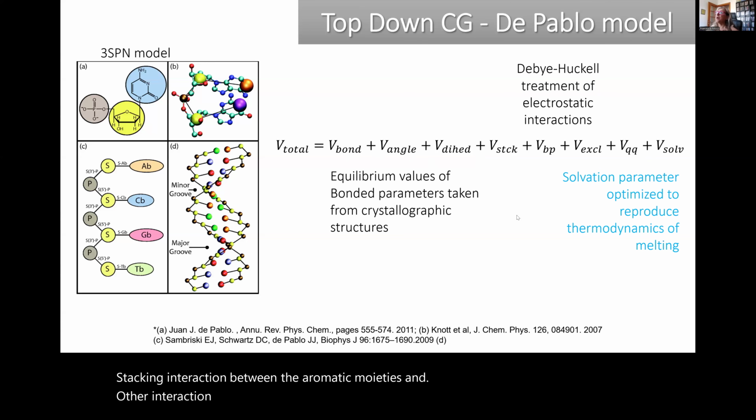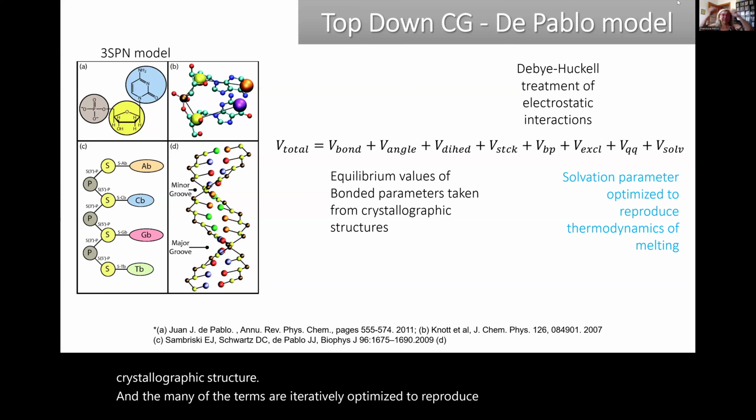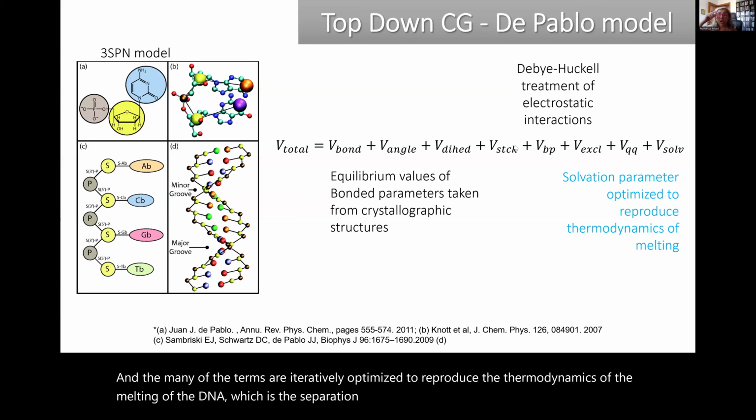The equilibrium values are taken from crystallographic structures, and many of the terms are iteratively optimized to reproduce the thermodynamics of the melting of the DNA, which is the separation of the chains, the disruption of the double helix.